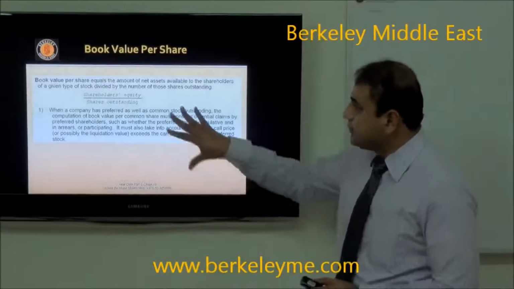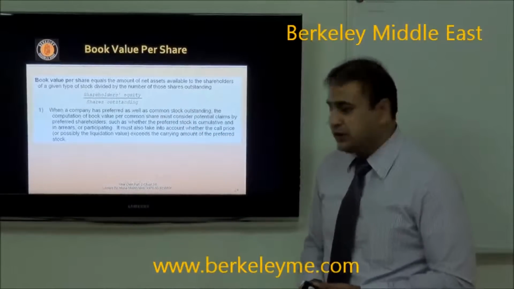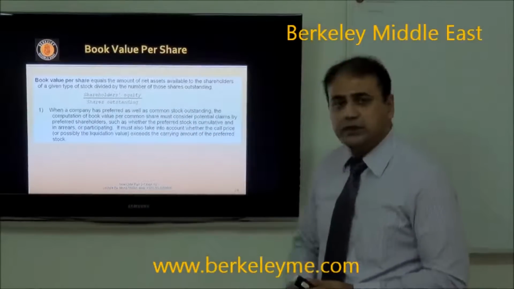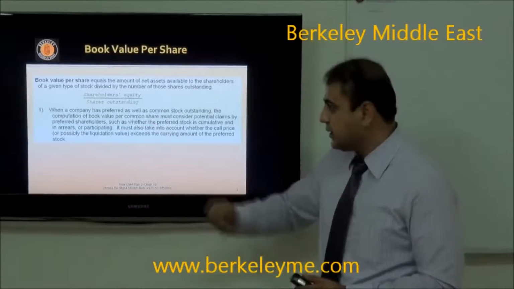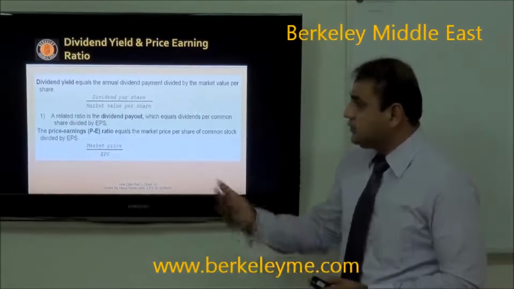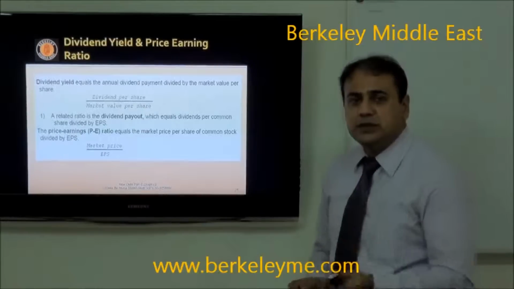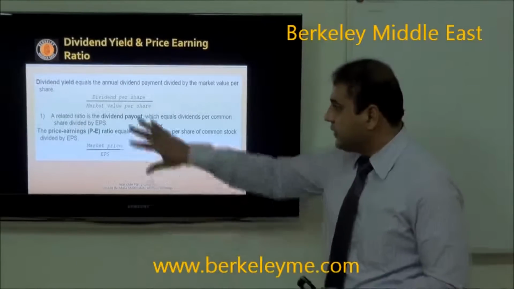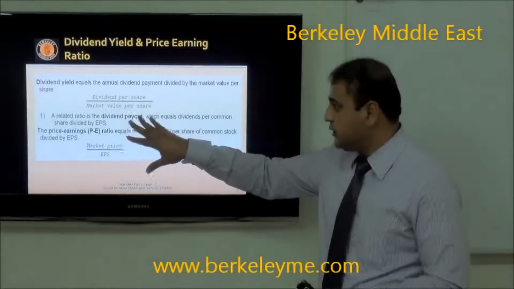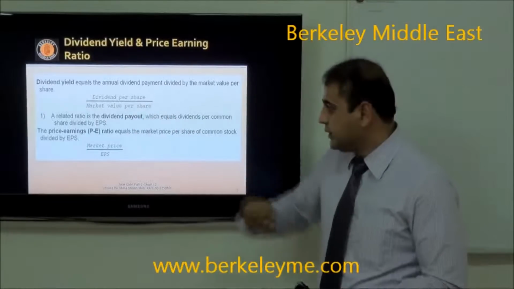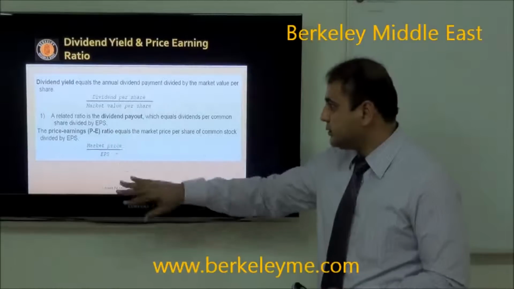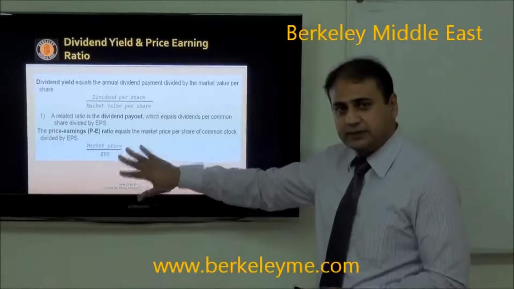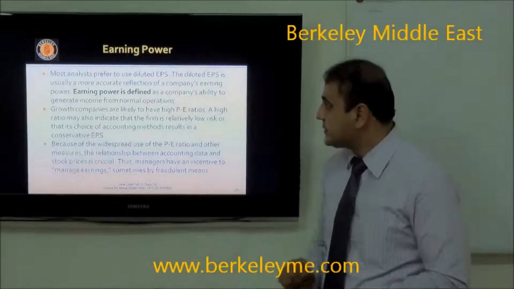And we can see the book value per share, which is equal to shareholder equity divided by shares outstanding. If you want to see how much yield the dividend is making, we take dividend per share and divide it by market value per share. Same way we can calculate the price earnings ratio, which is market price divided by EPS.